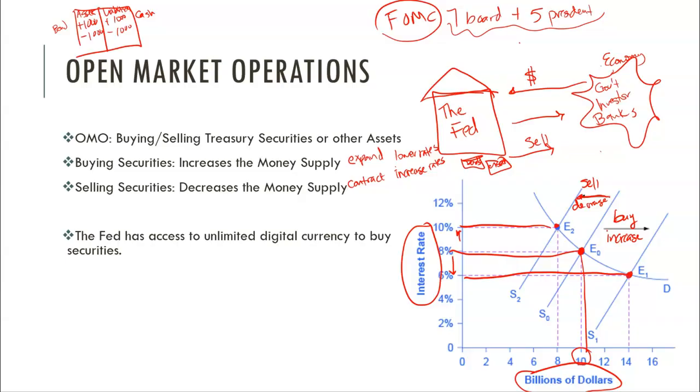In theory, the federal government could just issue new debt that the Fed could buy directly. So if they work together, there could be no limit to this creation of money. Currently, I think the Fed might have about $9 trillion of assets, something around there. So it's not the entire money supply that's determined by the Fed, but they do have a lot of power for increasing and decreasing the money supply.